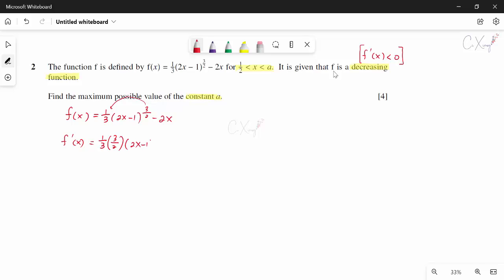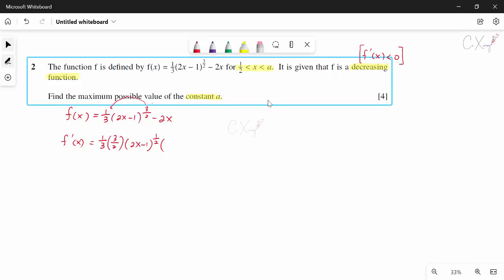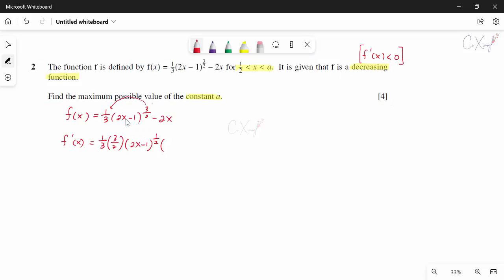Copy the bracket 2x minus 1, then the original power minus 1, and therefore I have half. After that, I need to differentiate the thing inside this bracket. Differentiate 2x minus 1, I get a 2. Then after this, I will differentiate the second term here, -2x. After you differentiate, you have -2. Okay, so if we try to simplify it, generally what I can see is we are having 2x minus 1 power half, and then minus 2.